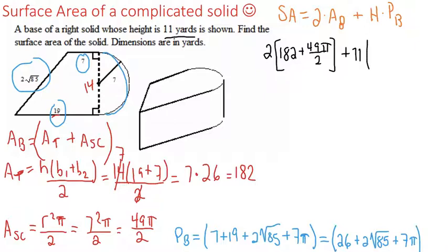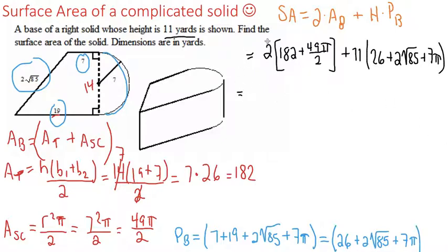And so that's what's going to go in the second bracket here, because we have the height, now we have the perimeter of the base, so I'm going to substitute it in. So I have 26 plus 2 rad 85 plus 7 times pi. Now the rest is simply simplifying what I have.